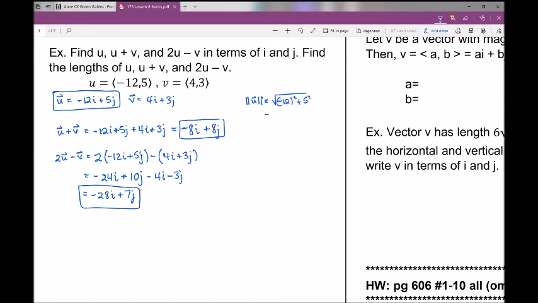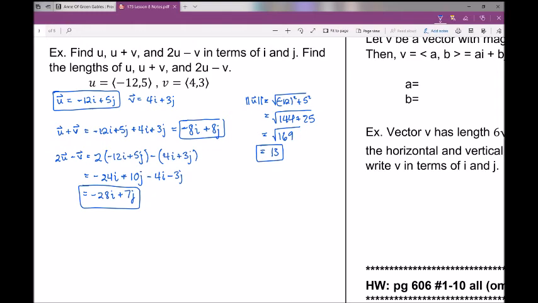If we simplify this, we get the square root of 144 plus 25, and this is the square root of 169, which is just 13. Just as before, your lengths will always be positive. So the length of vector u is 13.